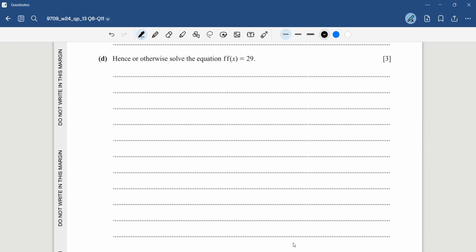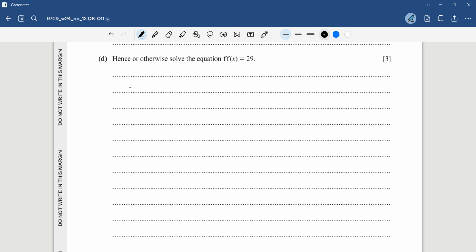Hence or otherwise, solve ff(x) equivalent to 29. The question specifically mentions hence or otherwise, which shows that we need to use our answer from the previous part.